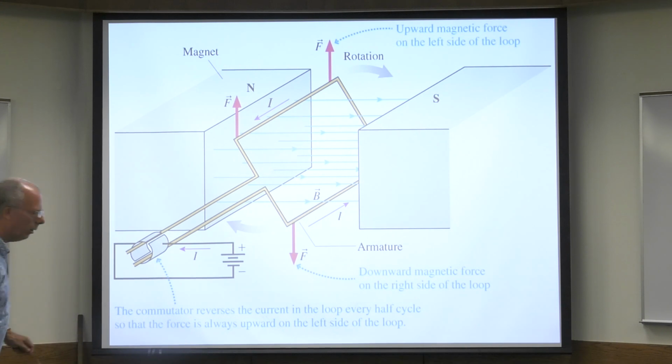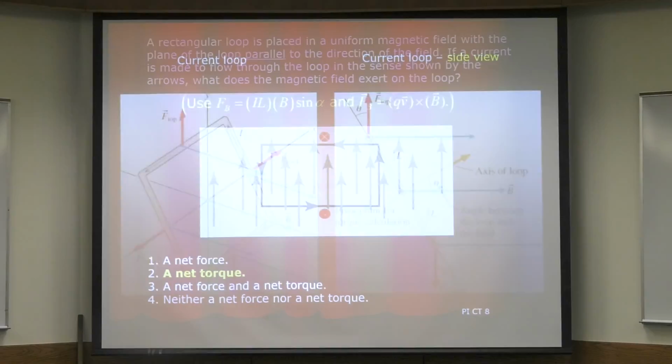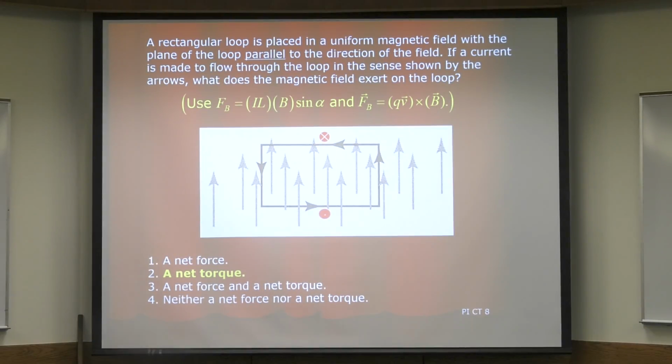So this is incredible. An electric motor is just an application of that. I like this one better. That's all it is. You just put a rectangular wire loop in a magnetic field with the correct orientation, and the thing rotates. You attach a shaft to it, a rod, bingo, electric motor.